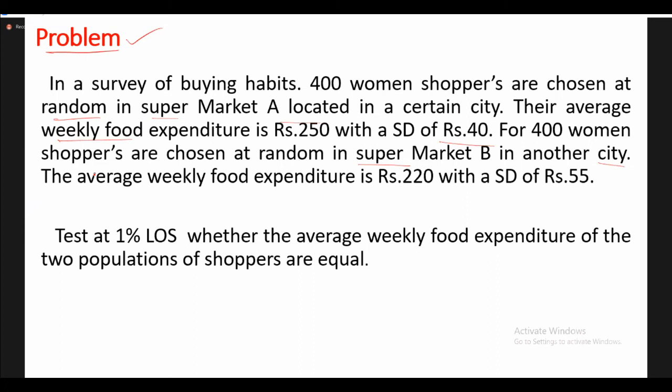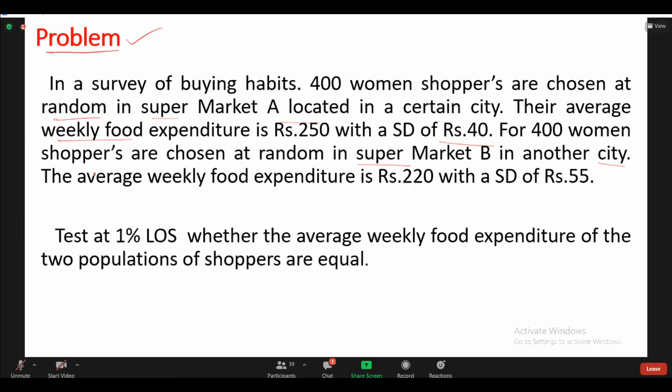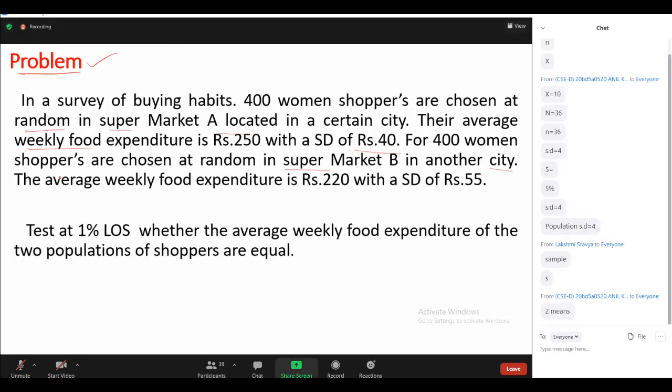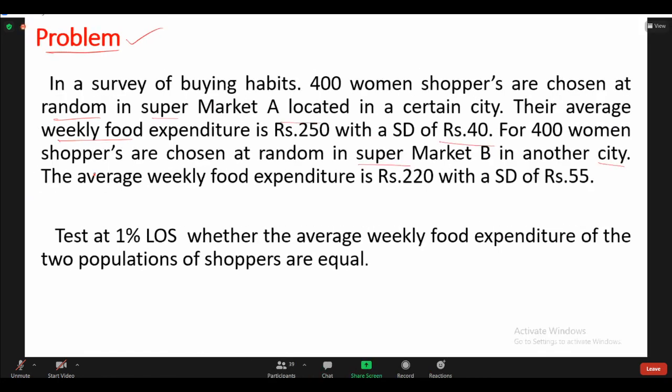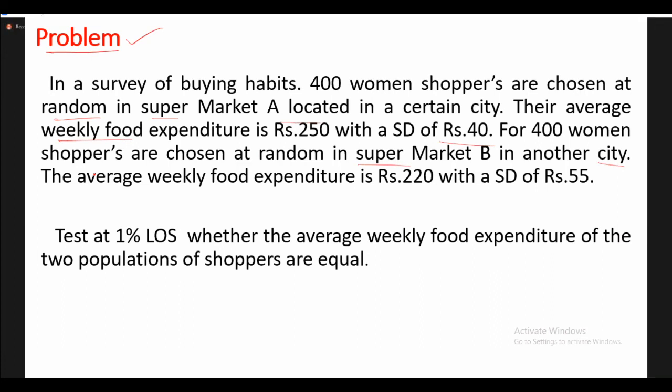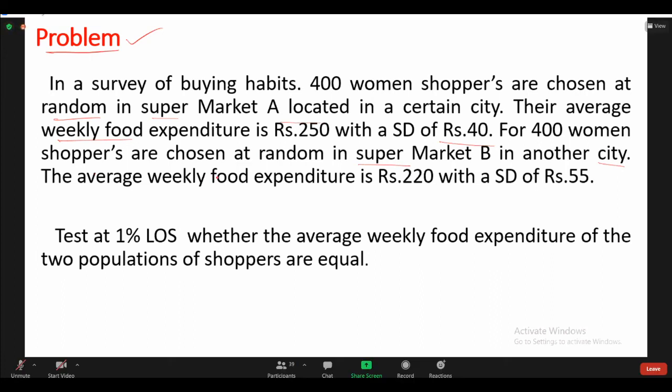Anyone confirm in chat box? Yeah, two means. And which test? Very good. And all of you observe the sample size. It is more than 30. That means larger samples, two means.